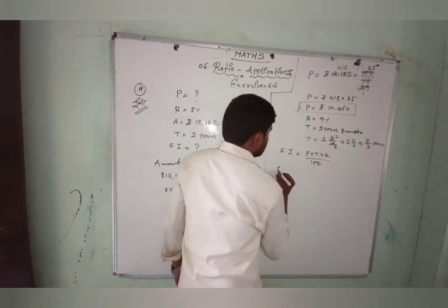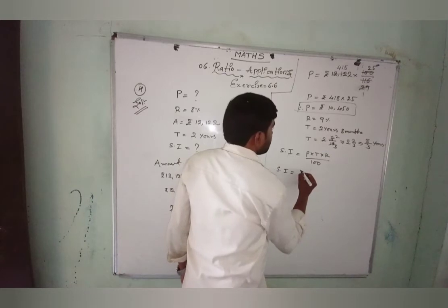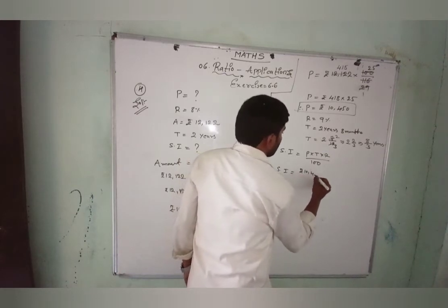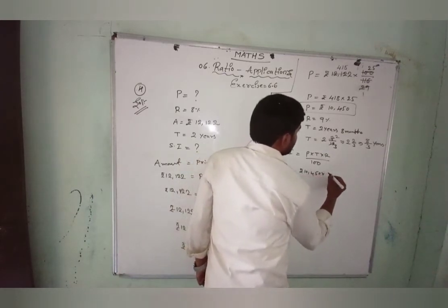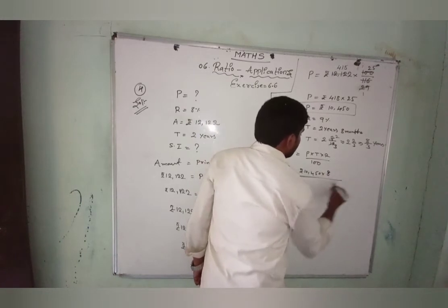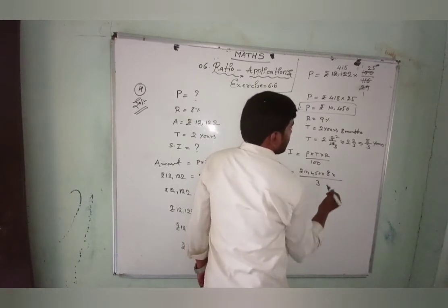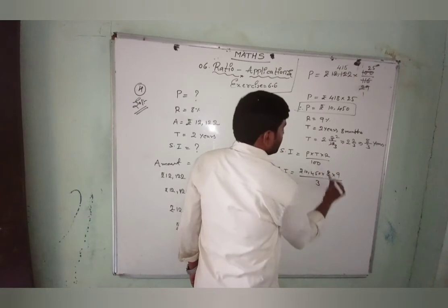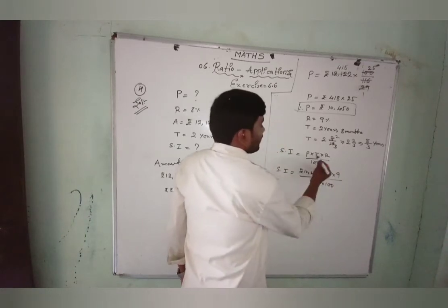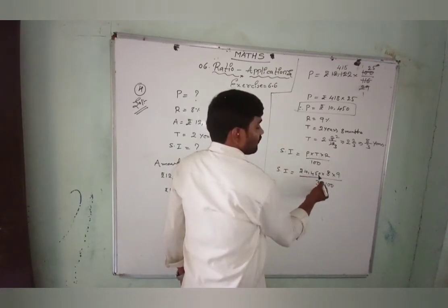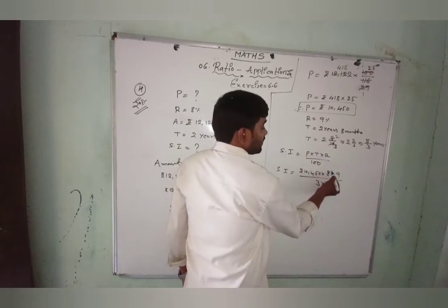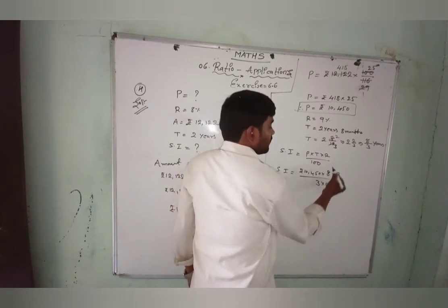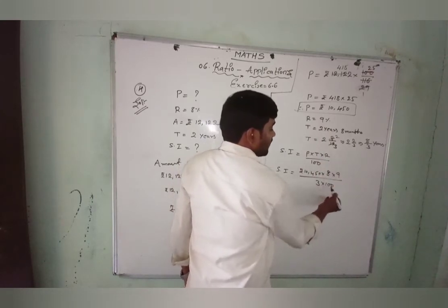First you find out simple interest equals P, that is rupees 10,450, into time, that is 8 by 3, into R, that is 9 by 100. P value 10,450, time 8 by 3, into R, that is 9% by 100.